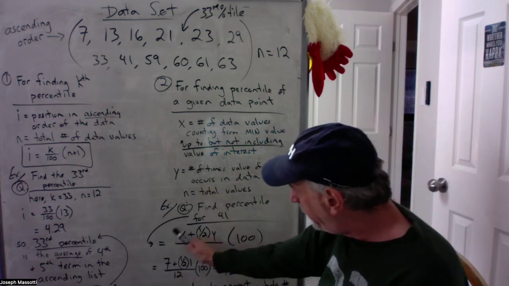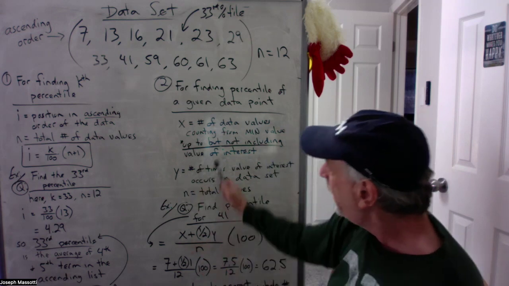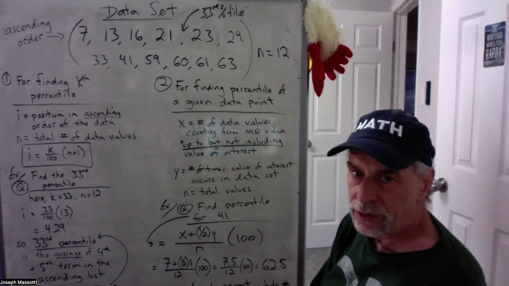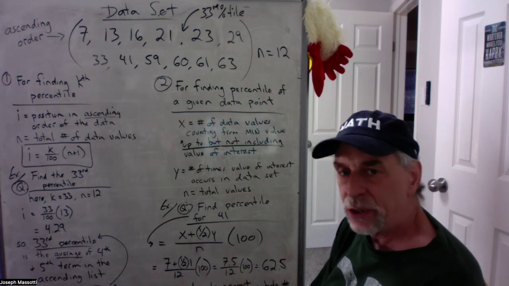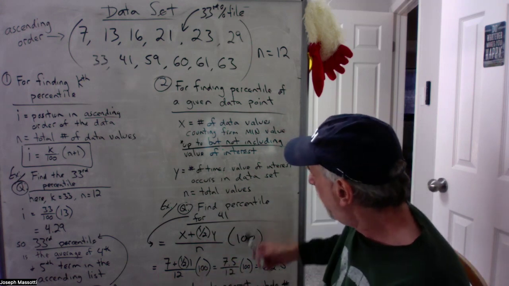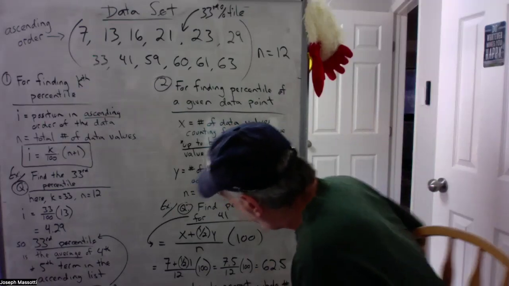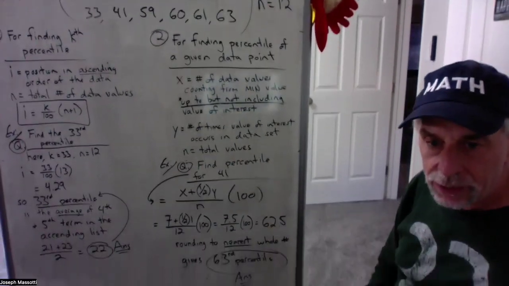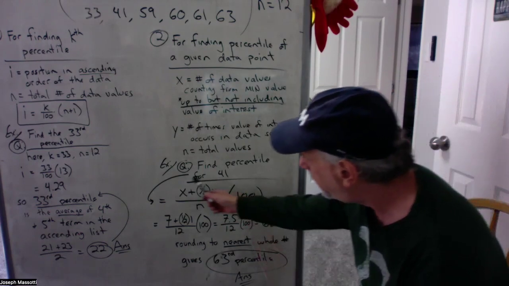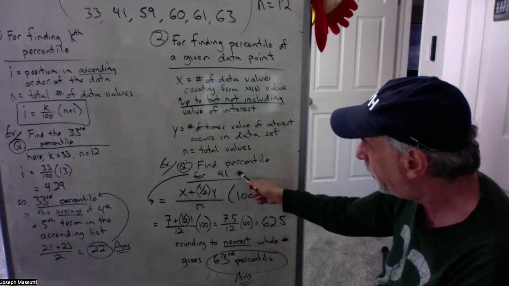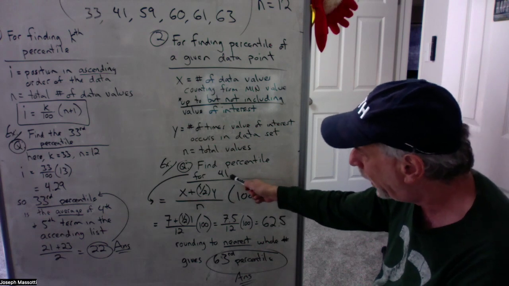The y in this formula is the number of times that that value occurs in the data set. So if it occurs 3 times, y is 3. So on. And n again is the number of total data values. So we can calculate this number, answering this question, finding the percentile for the number 41.